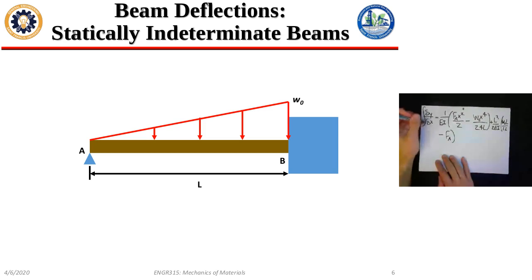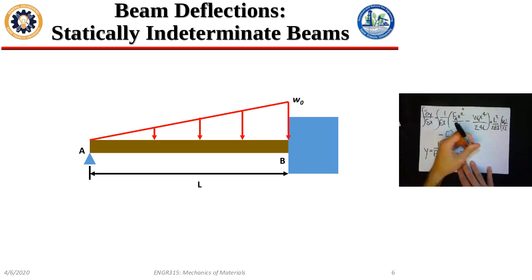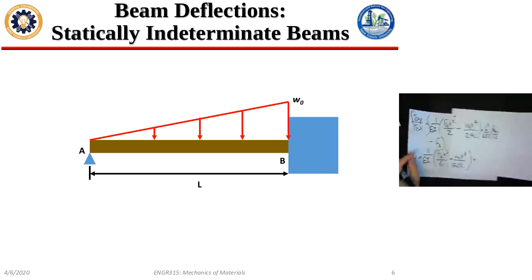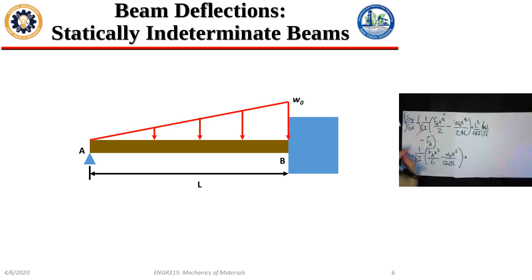So y equals 1 over EI times x cubed over 6 minus W naught x to the fifth over 120L, plus, to be fancy about this, FA L squared over 2, W naught L over 12 minus FA times x.